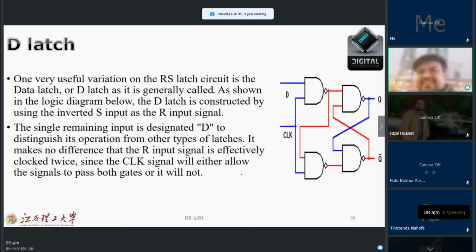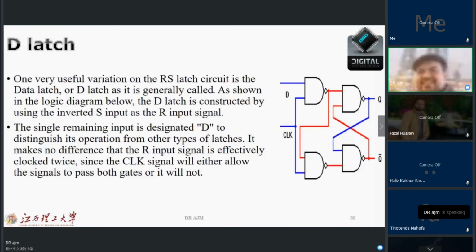The R input signal is effectively clock-controlled, since the clock signal will either allow the signal to pass both gates or it will not. Then you will see here the shape of the D latch.